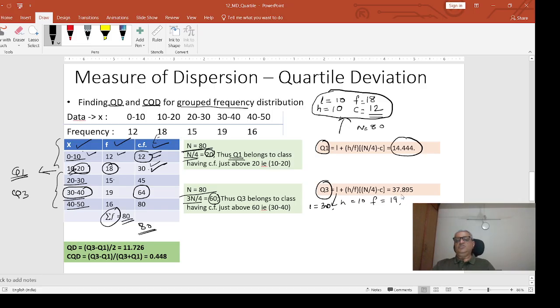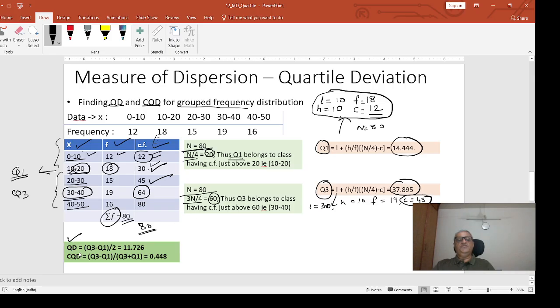And C is the cumulative frequency of the previous class, which is 45, because 10 to 20 to 30 is the previous class. Replace these values into this formula and we get 37.895. So now I have the Q1 value and also the Q3 value.